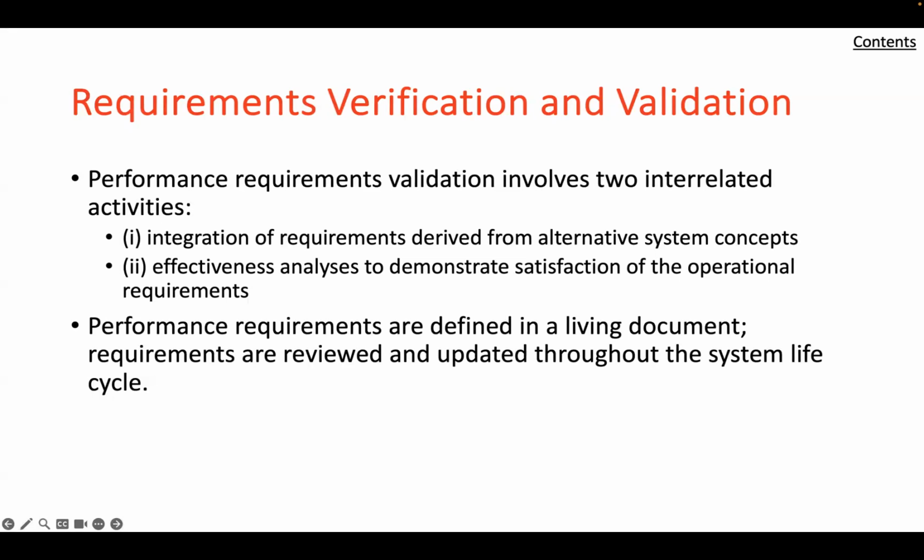The operations involved in the refinement and validation of the system performance requirements can be thought of as two tightly coupled processes: an integration process, which compares and combines the performance characteristics of the feasible alternative concepts, and an effectiveness analysis process, which evaluates the validity of the integrated characteristics in terms of the operational requirements. So we'll talk about three specific things as we're talking about this verification and validation process.